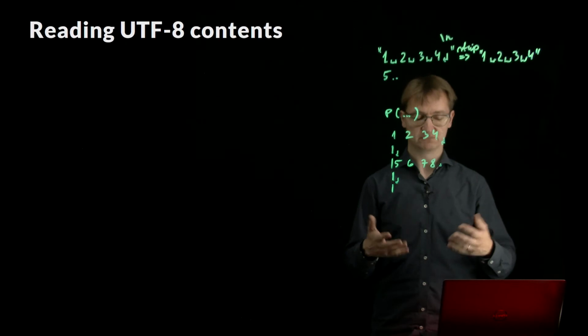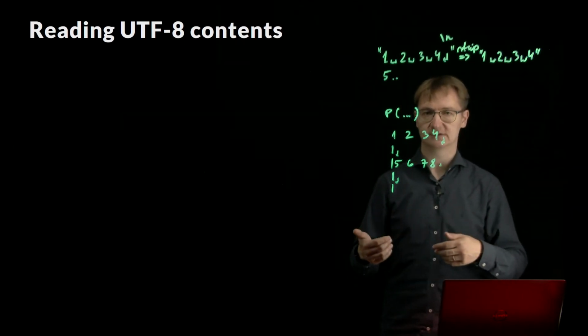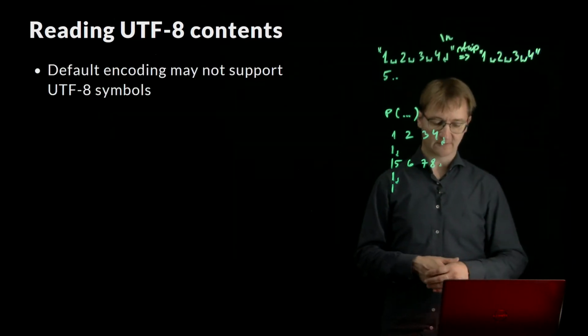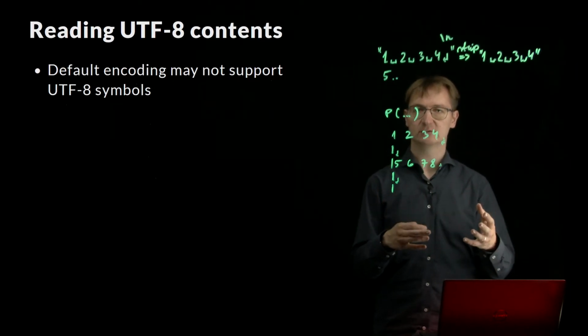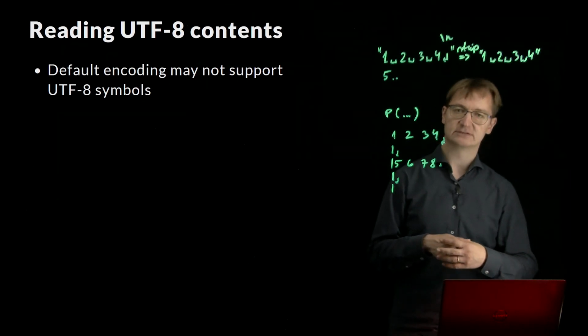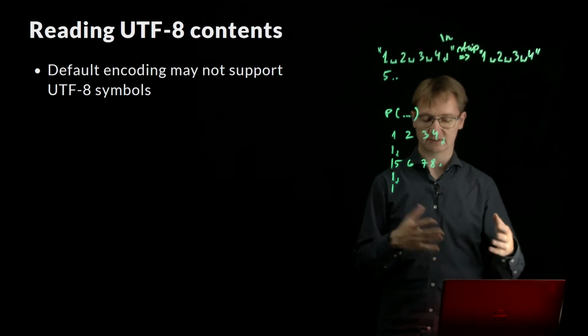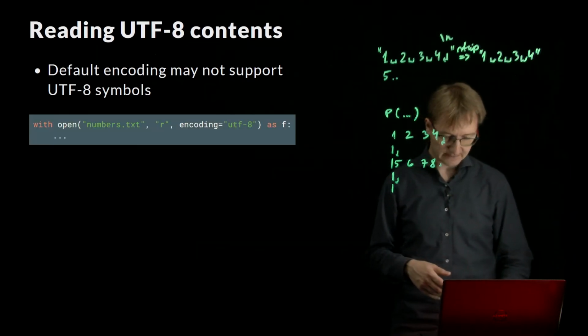This is one standard which allows us, for example, to use Estonian letters, Cyrillic letters, and so on. And the default encoding, if you open a file, can be different. So it depends on your operating system and so on. But usually it doesn't, by default, read and write Unicode and different symbols.